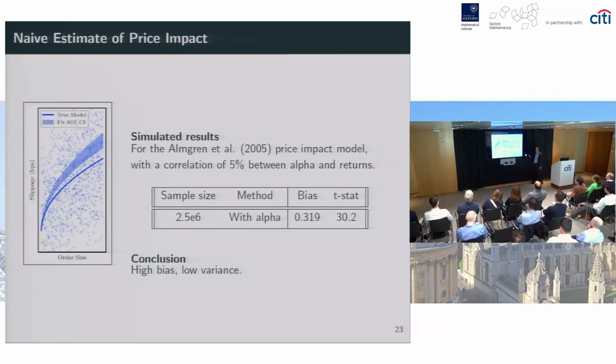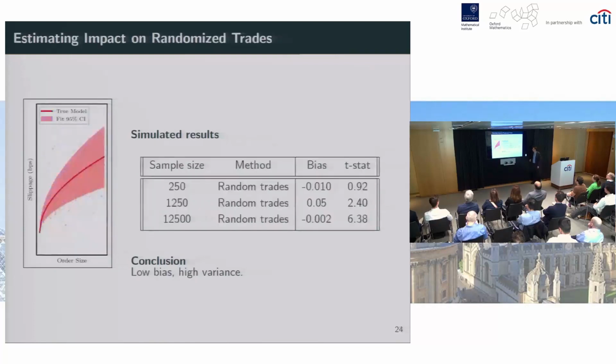So typically, this is what we find in our study. Ignoring the bias just means that you have high bias and low variance. You're very confidently wrong.